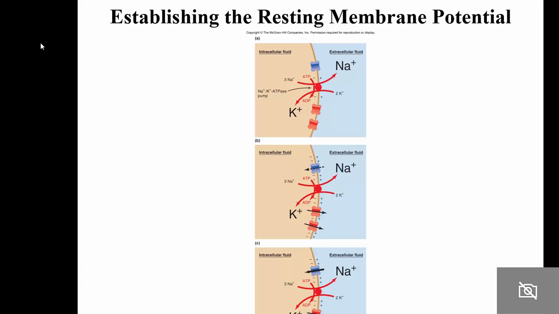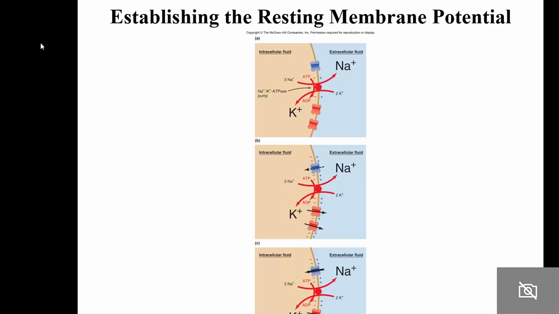Now you have to know a couple of things. Where's the electrochemical gradient going? That's the first thing, right? If you don't know that, then you might get it wrong for the wrong reasons. What's going to happen to the rest of the membrane potential? What do you think? Yes. Okay, let me ask you a different question.